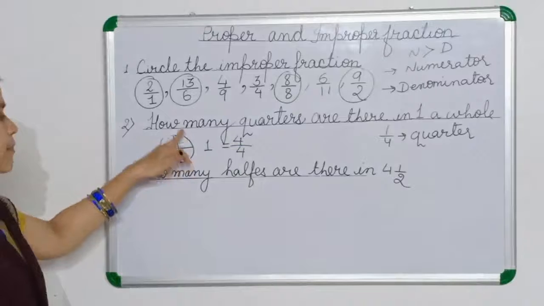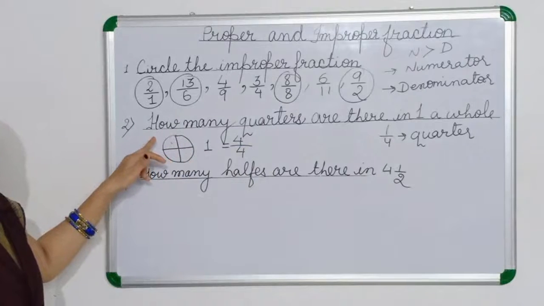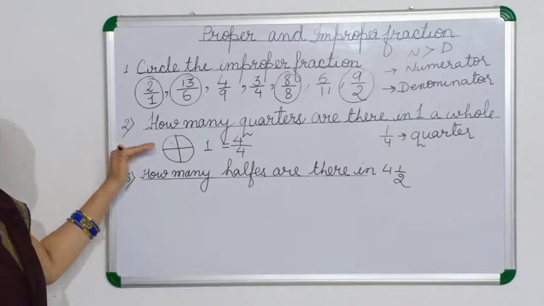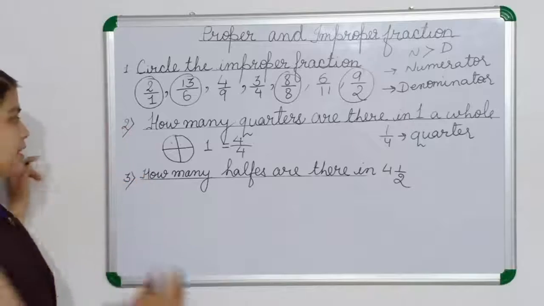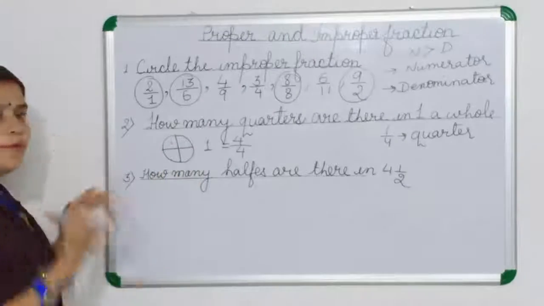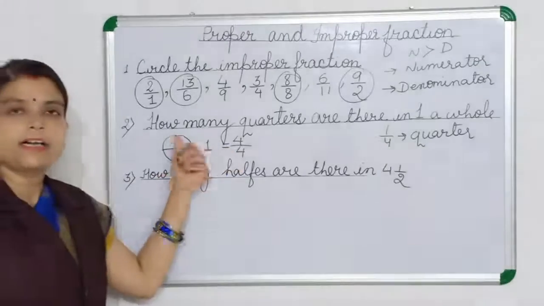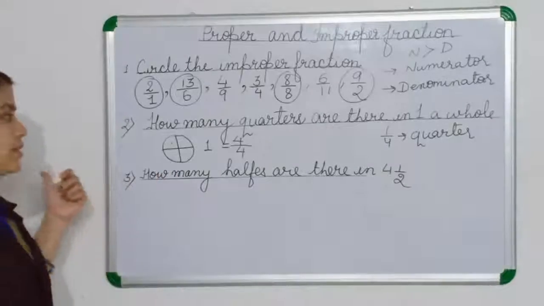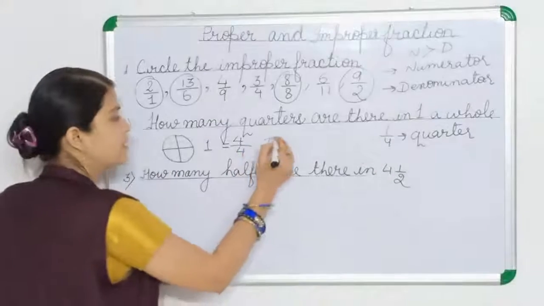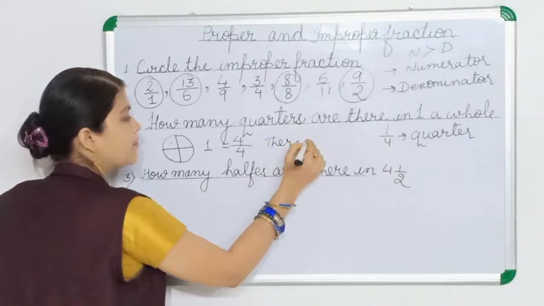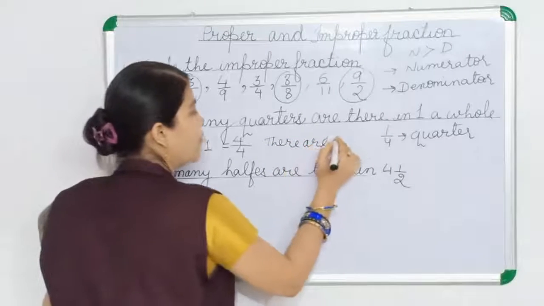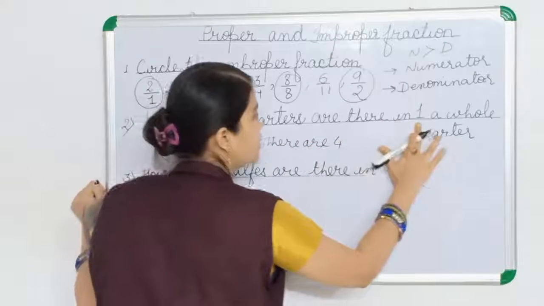So 4 equal parts. 4 parts of 4 equal parts is known as 1. Here it is 1, 2, 3, 4. 4 parts of 4 equal parts, and that is equal to 1. So there are 4 quarters in 1 whole.